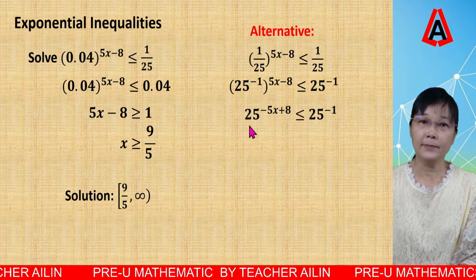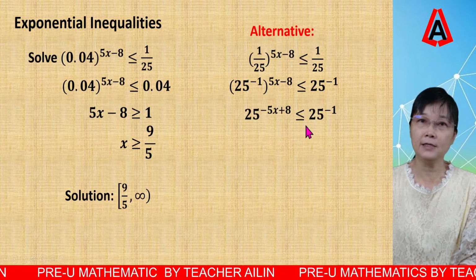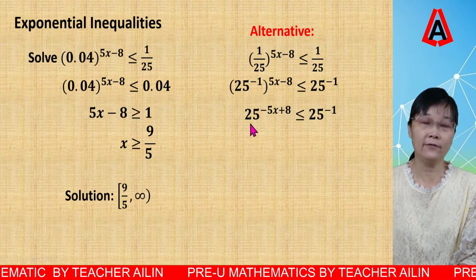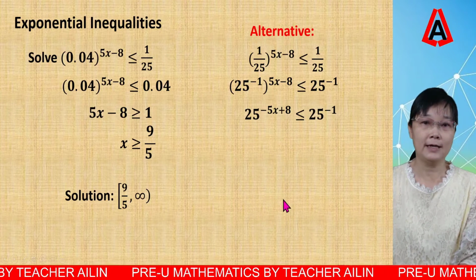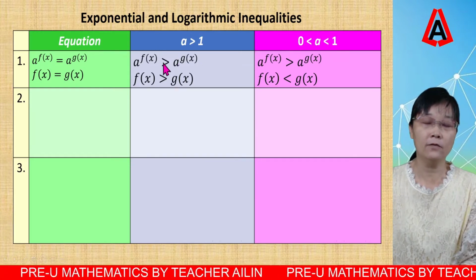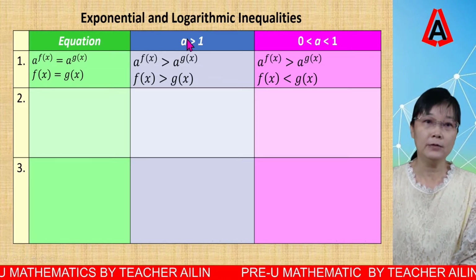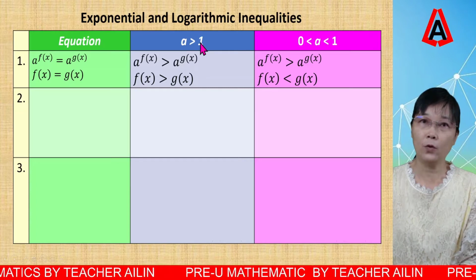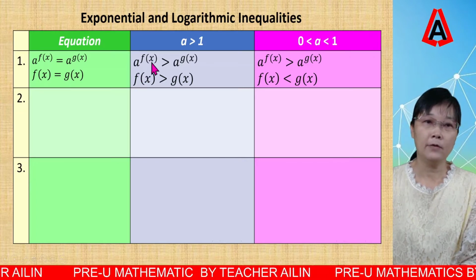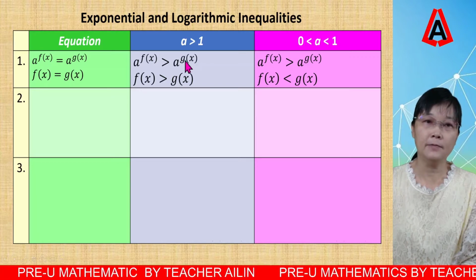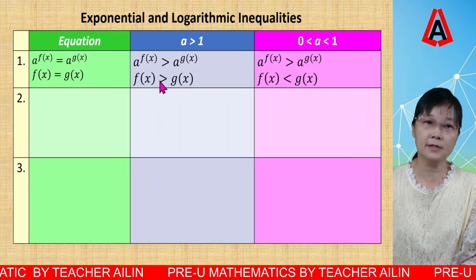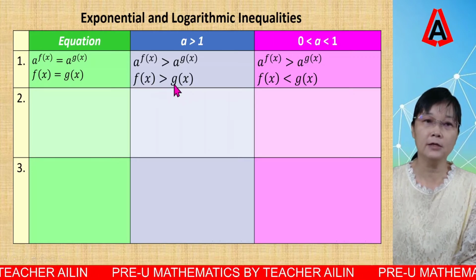Now after we simplify, we find that this inequality is in the base of 25, which is greater than 1. So when we look at the table just now, for the inequality where the base is greater than 1 and a power f of x is greater than a power g of x, then the exponent f of x is also greater than g of x.